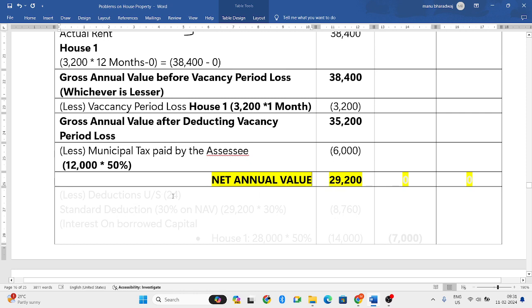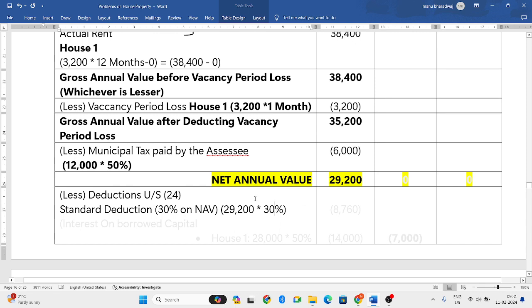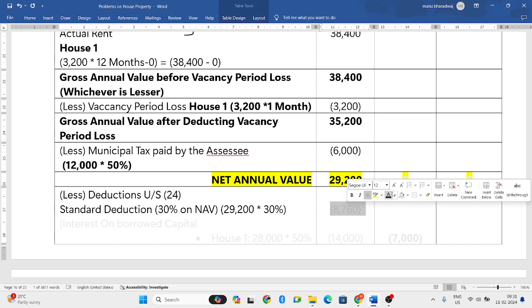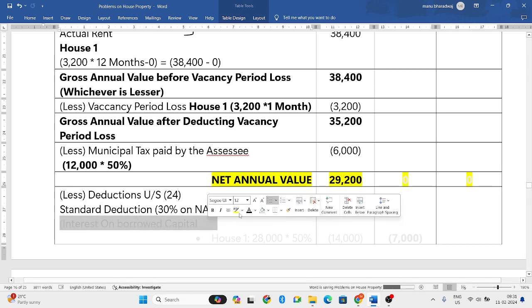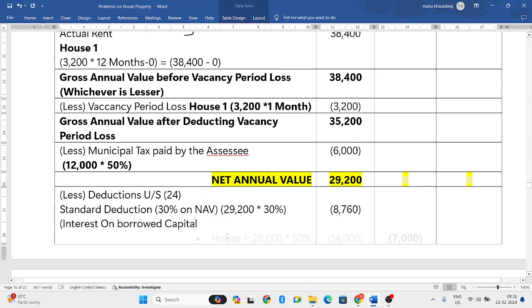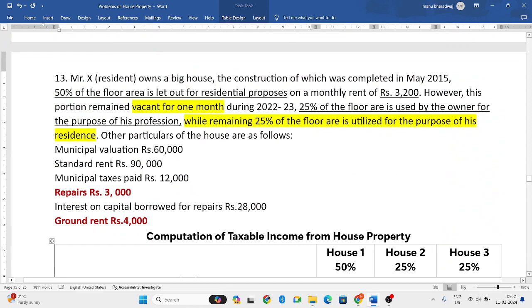Now for this we will give deductions under section 24. First deduction is standard deduction, which is 30% on NAV. NAV is 29,200. On that 30% will be 8,760. The second deduction we will give is interest on borrowed capital. In the question they have given that total interest was 28,000.